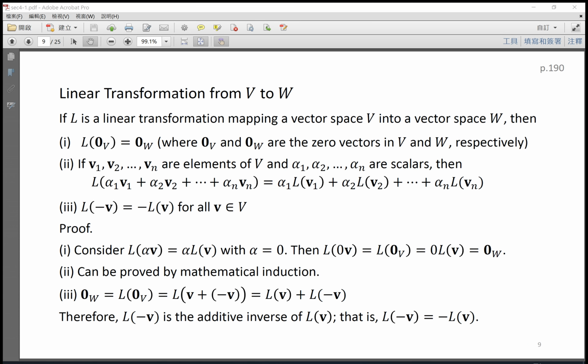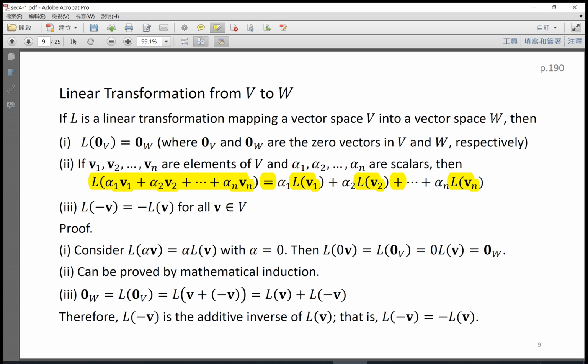The second statement states that if v1, v2 up to vn are elements of V, and alpha1, alpha2 up to alpha n are scalars, then the following equality holds. This equality means that L maps the linear combination of v1, v2 up to vn to the linear combination of L of v1, L of v2 up to L of vn.